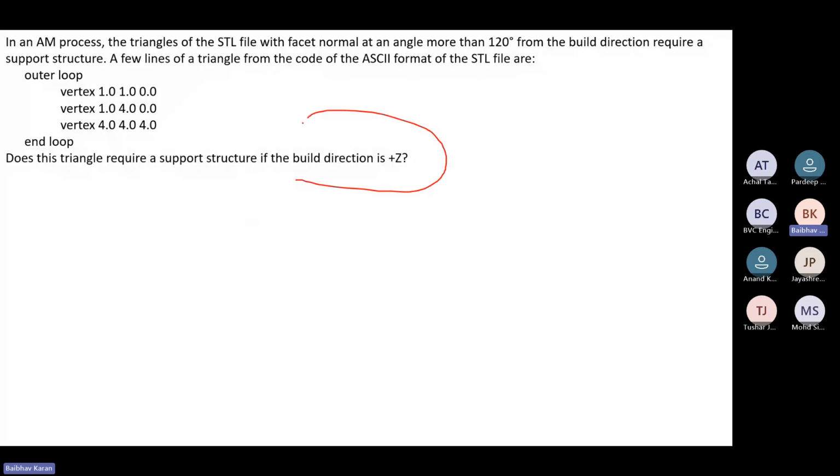Here the build direction is plus Z direction. Here the theta value is given.